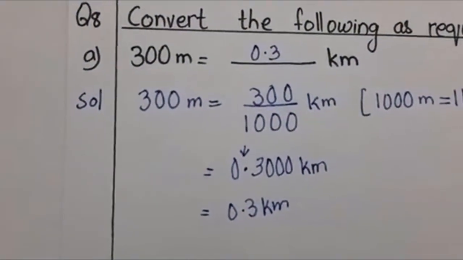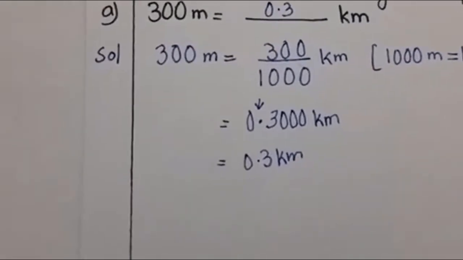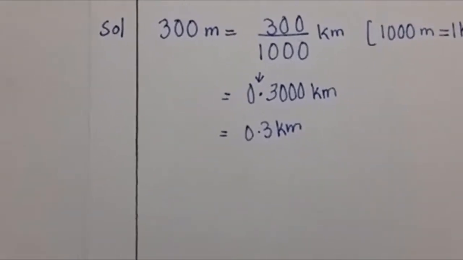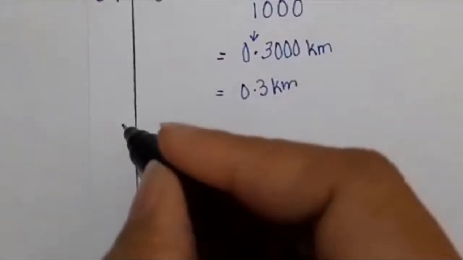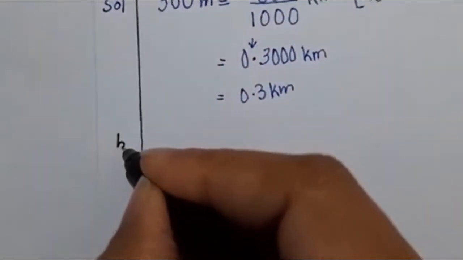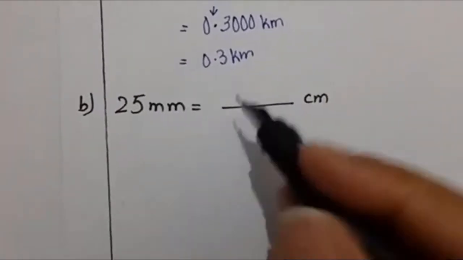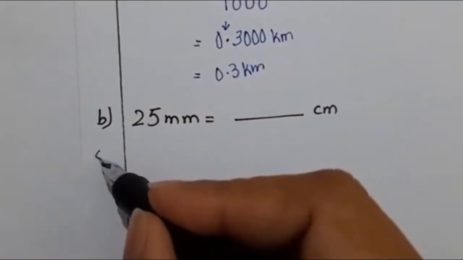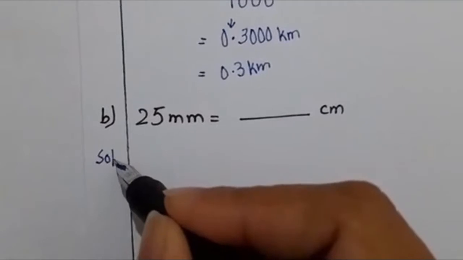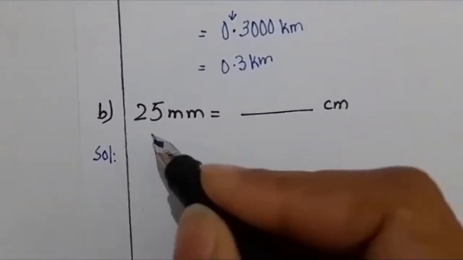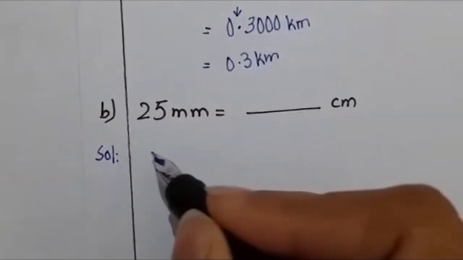Now we will move toward our next sum, that is 25 millimeter equals to dash centimeters. Okay. Let's write the sum. Let's start doing our sum. As you all know that 10 millimeters make 1 centimeter, means we have to divide it with 10.